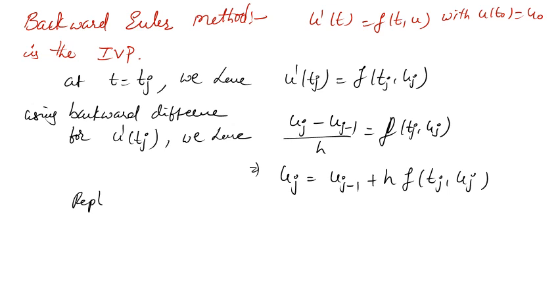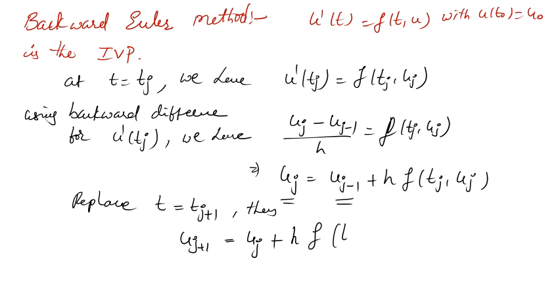Now replace t equal to tj plus 1. Then what we have? This uj becomes uj plus 1 and uj minus 1 becomes what? Uj plus h into f of tj plus 1 comma uj plus 1.